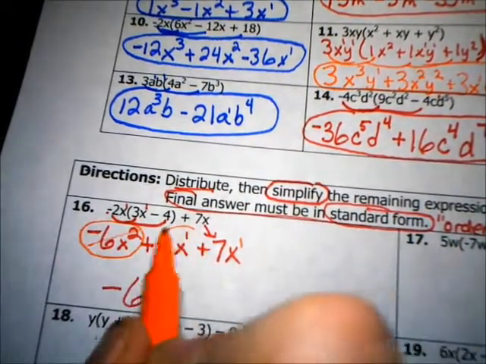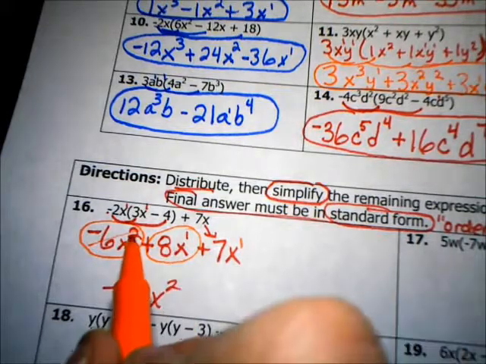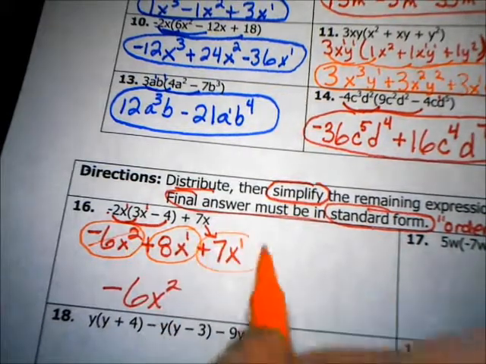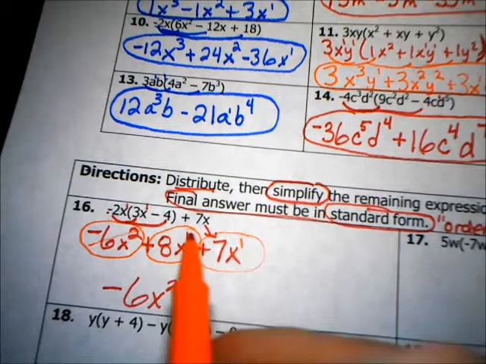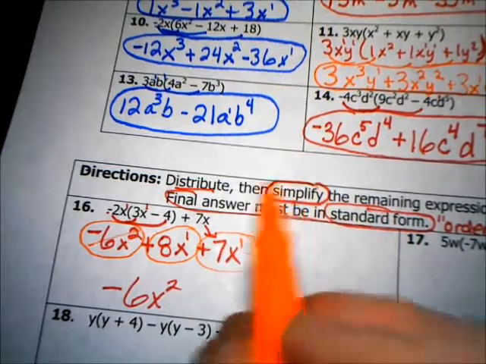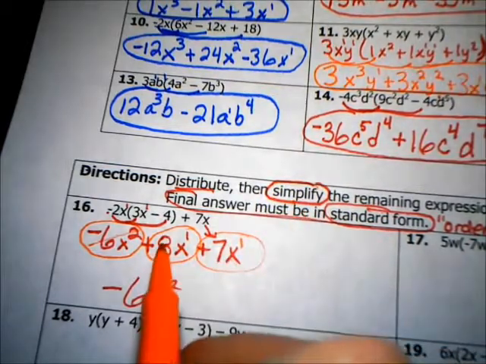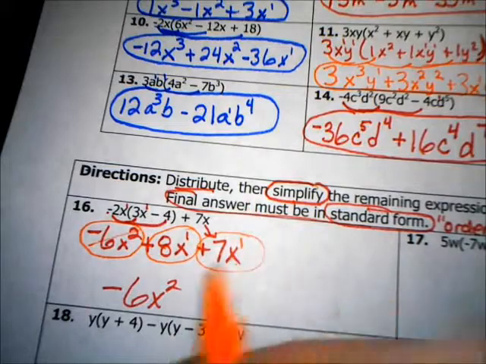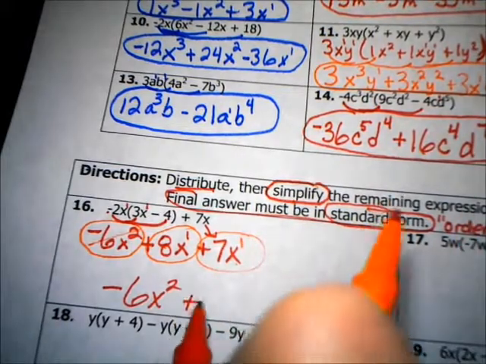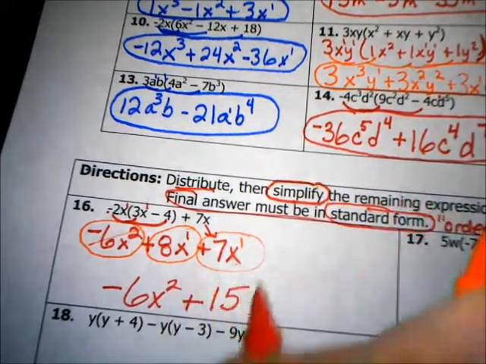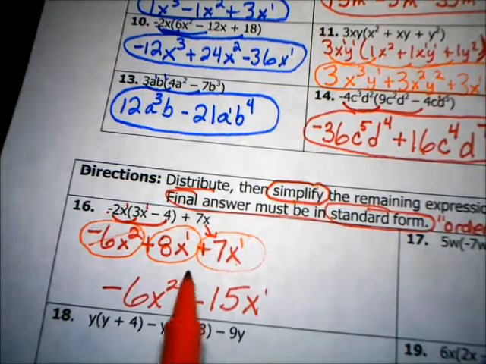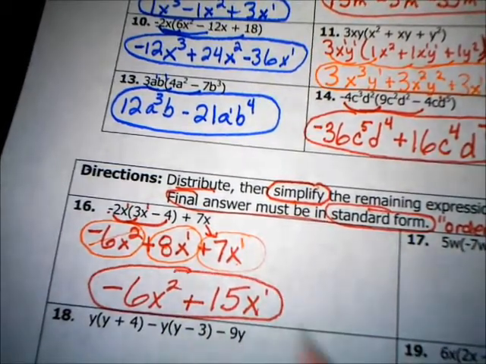Remember, we're counting down, so x squared now it goes to the regular x. And notice I have 2 of them. So this is where I'm simplifying. I want to combine those. 8 plus 7 now changes this to 15 x^1s, and there's your answer to number 16.